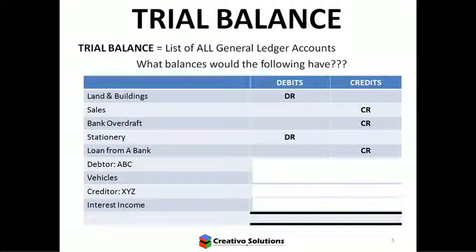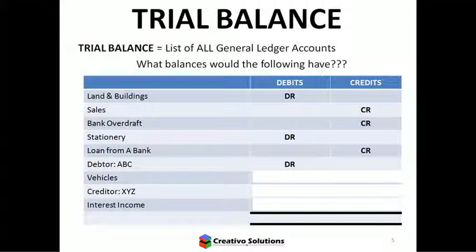So that currently now as it stands is a resource that we control. We have a customer who owes us, and that would be viewed as a resource because we're going to get something from them in the future. So a debtor ABC would meet the definition of a resource, which we now know is an asset. If we know it's an asset because that's the accounting element, I then look at the rule. Assets will have a balance on the positive side being the debit.